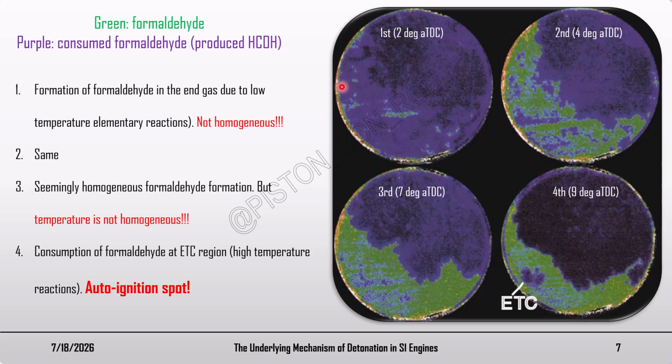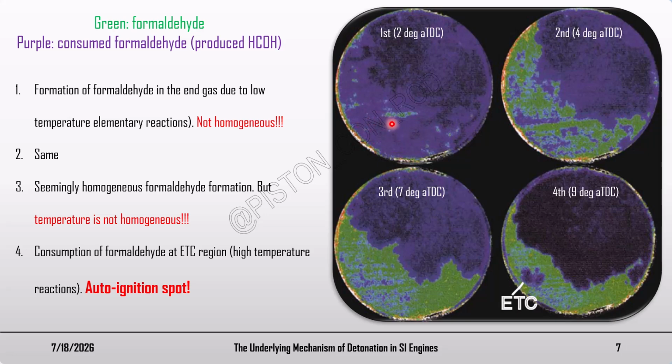The important thing you need to know is that green shows formaldehyde, which is a product of the intermediate reactions. The purple shows consumed formaldehyde or produced HCOH. So in the first image, in the end gas, which is this part, we have the formation of formaldehyde in the end gas due to low temperature elementary reactions.